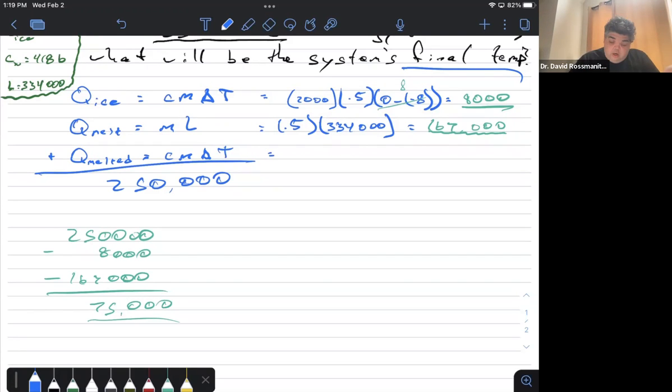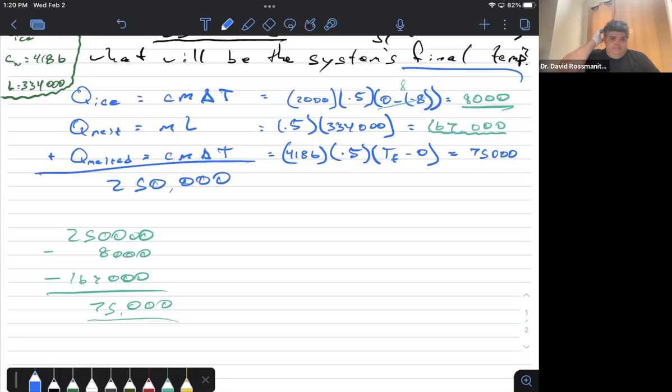So now you have to use water, 4186, times the mass. Well, it's still half a kilogram, times the change in temperature. Well, it's final temperature, the thing I want, minus the initial temperature. Remember, it's not -8 anymore because you've already heated up the ice to melt it. So now the melted ice is starting at 0. So there's Cm delta T for this last step. And I know the amount of energy that I have to use is exactly 75,000.